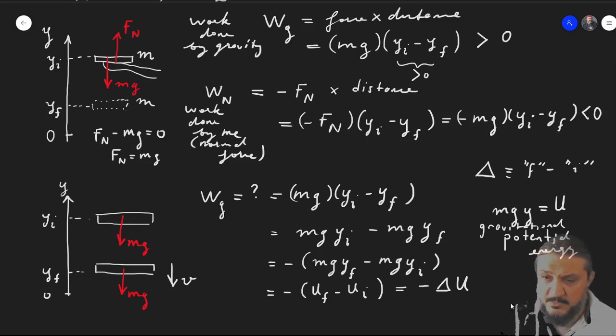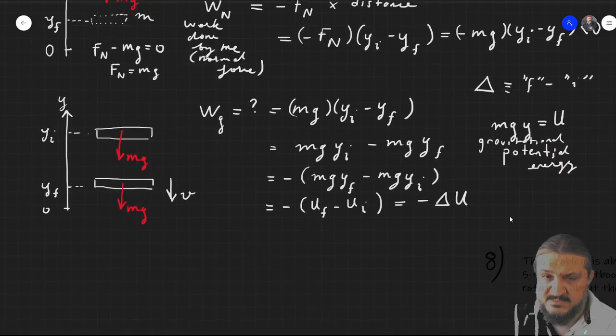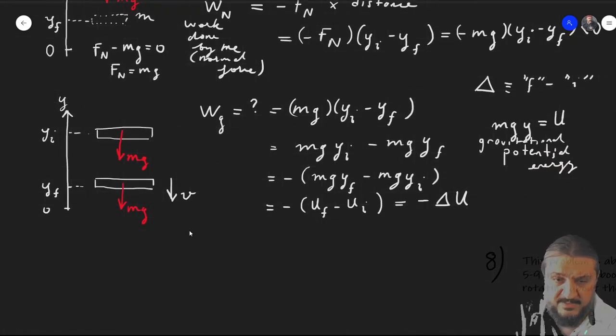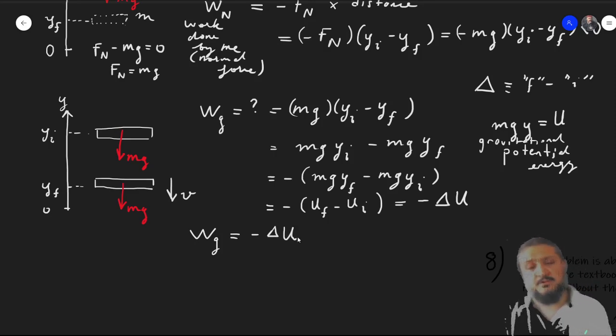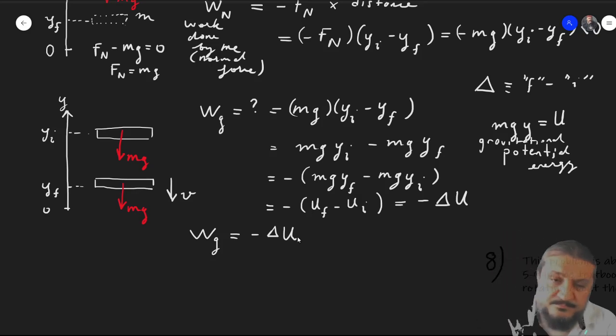All right, so let's take this. I'm going to rewrite it here. WG is equal to negative delta U. Now this expression will be very common if the forces present are a specific type of force.